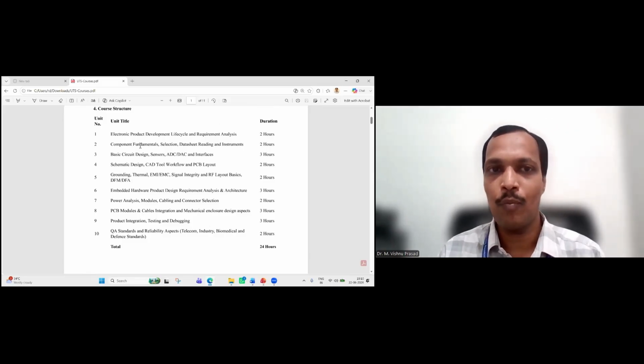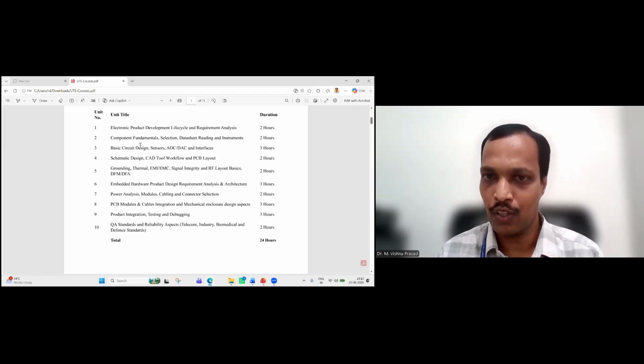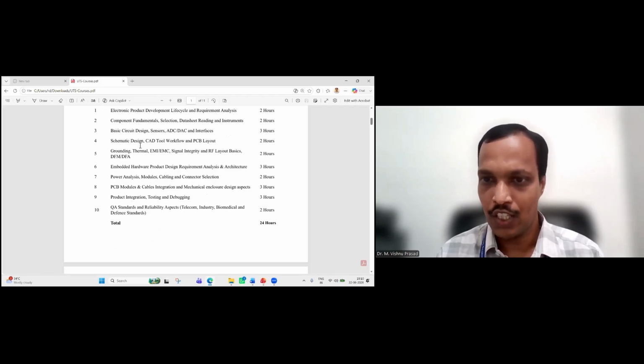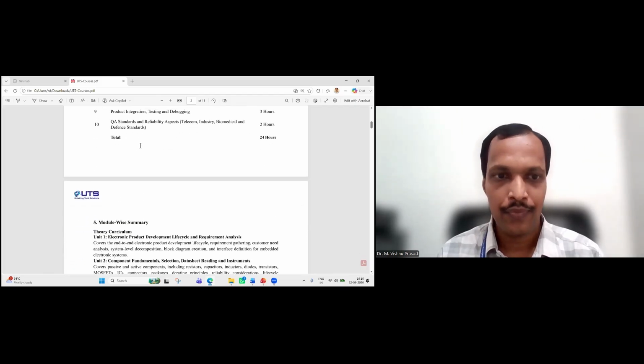Then from component level to product level, each stage is covered: PCB design, module design, subsystem level design, cable and connector selection, and overall integration. So the entire hardware life cycle, from requirement capturing to product realization, is covered in around 24 hours of theory.